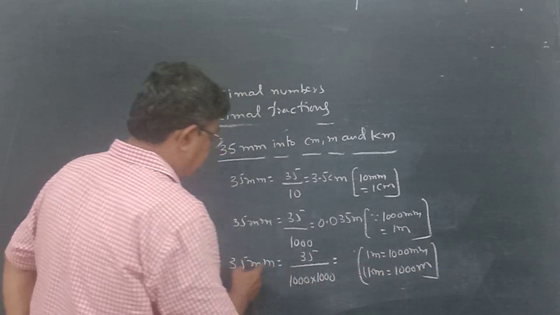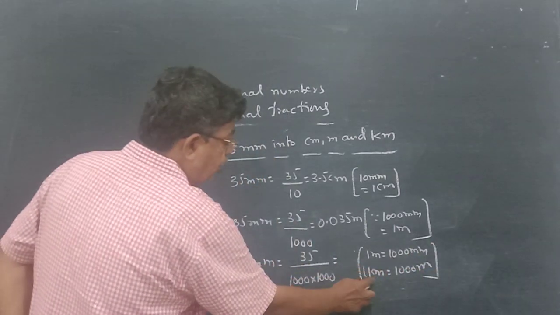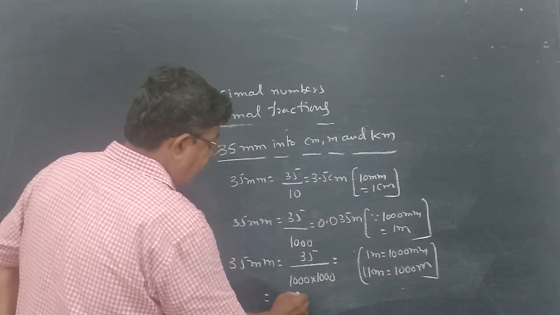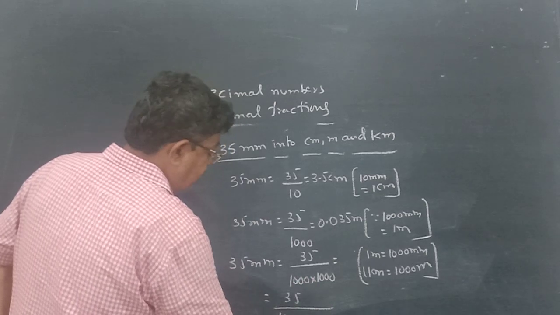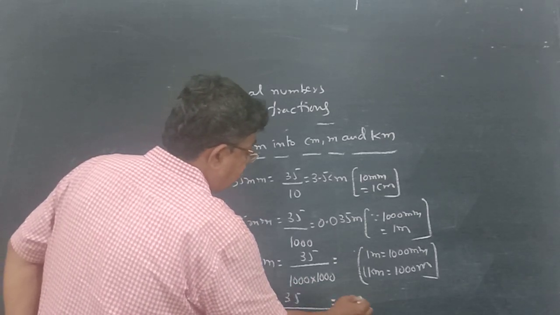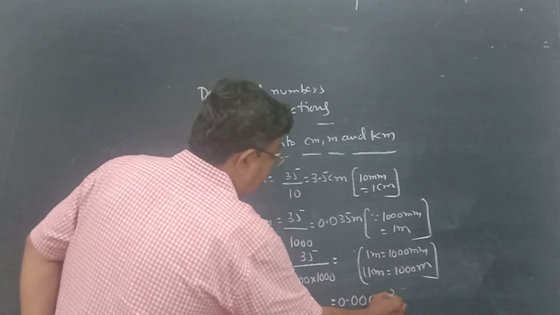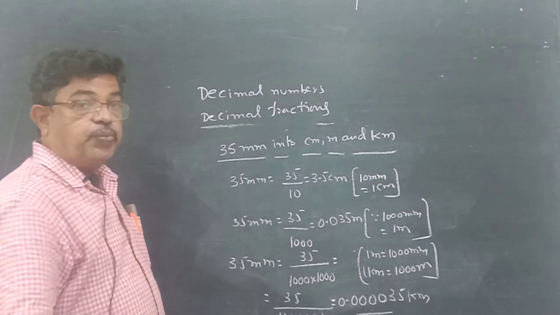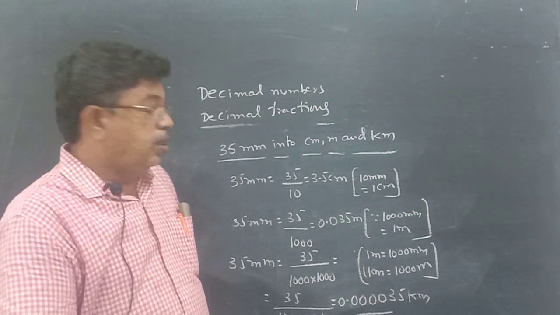Now we are converting 35 millimeters into kilometers. So you want to divide with 1000 into 1000. So 35 by totally 6 zeros is equal to 0.00035 kilometers. So the smaller units are converted into larger units.